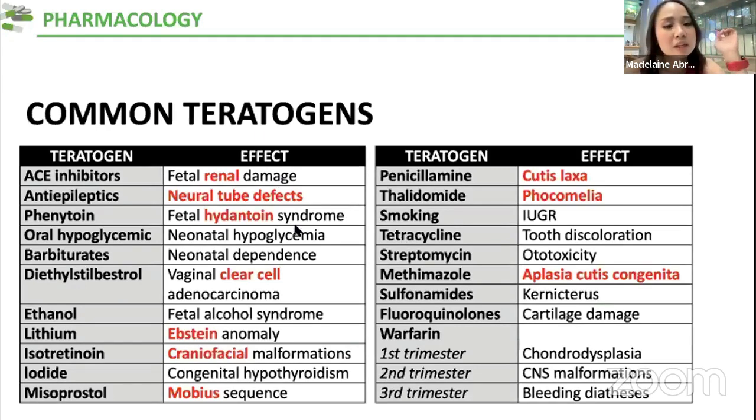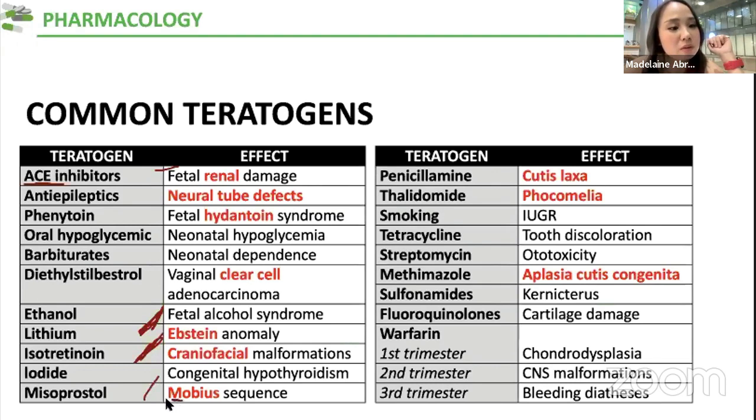Then for your common teratogens, there are so many, no? Since this is a summary lecture, let's read the important ones. Remember, ACE inhibitors can cause fetal renal damage in the second to third trimester. So again, ACE inhibitors and ARBs, also your angiotensin receptor blockers. What else do I want to emphasize? Lithium causes Ebstein anomaly. Isotretinoin causes craniofacial malformations.